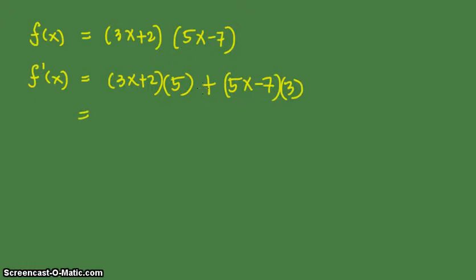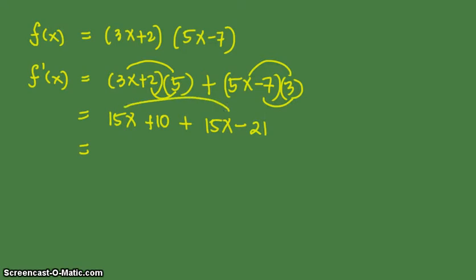And then simplify it. So this will be 5 times 3x, 15x, 5 times 2 is 10, plus 3 times 5x is 15x, 3 times negative 7 is equal to minus 21. Then 15x plus 15x is 30x, 10 minus 21 is negative 11. So the derivative is equal to 30x minus 11.